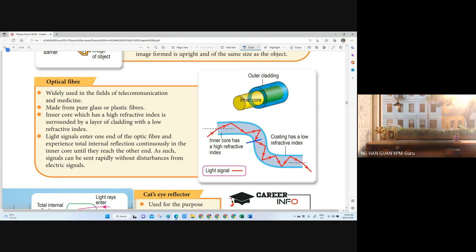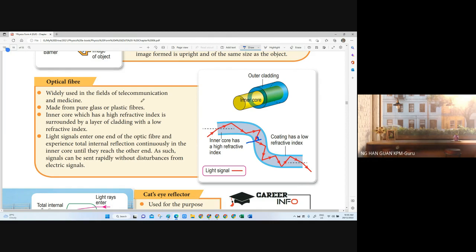At a certain bend the angle will become small, so to ensure there's no possibility for the signal to penetrate out from the inner core, that's why in the design we must have the inner core and the outer cladding to ensure total internal reflection always occurs. That's why the signal will go in from one end and come out on the other end. Right, so that's the design of the optical fiber.